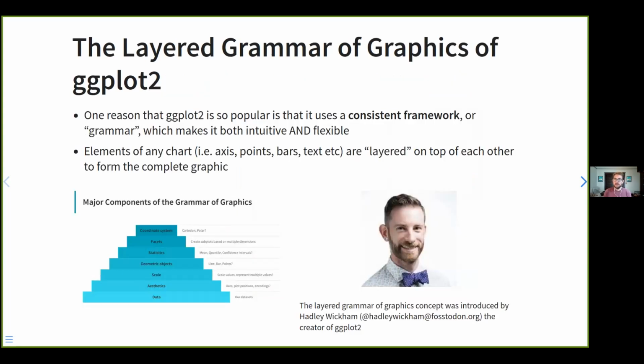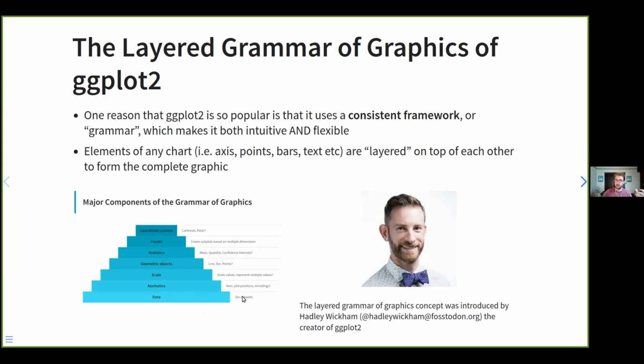What makes ggplot so great? Well, part of it is this concept introduced by its creator, Hadley Wickham, called the grammar of graphics. ggplot uses a consistent grammar that allows it to be a framework that is both intuitive and very flexible. And that is thought of in terms of layers. The first layer of any ggplot is always the data.